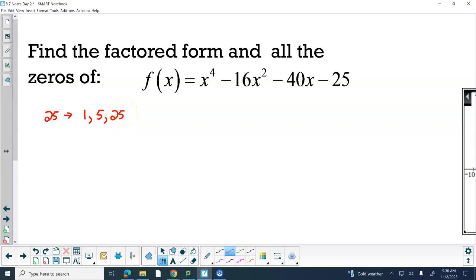That's it, right? Okay. Factors of 1: just 1. So my list is plus or minus 1, plus or minus 5, plus or minus 25.